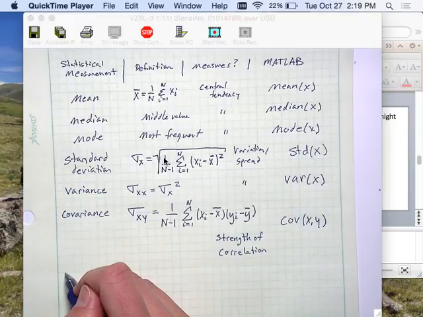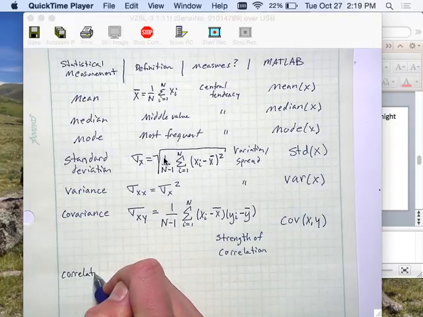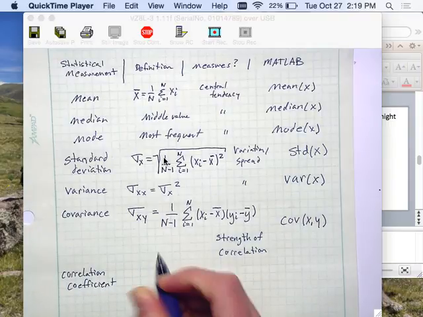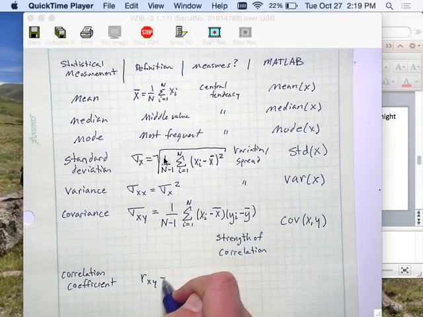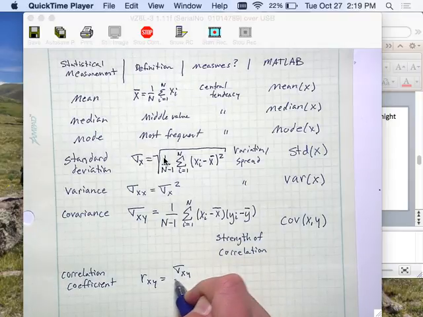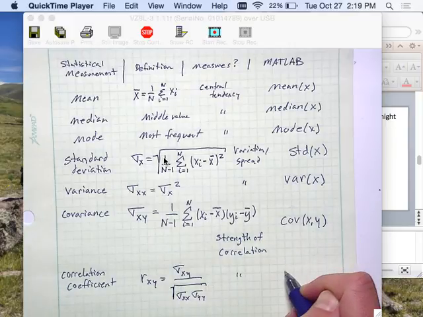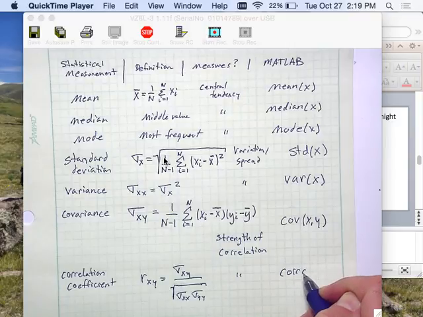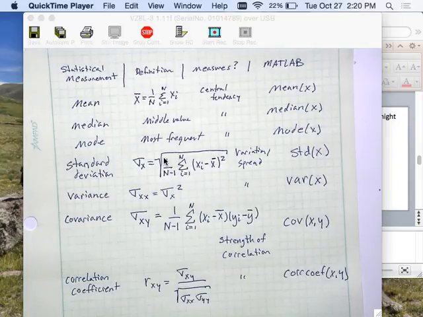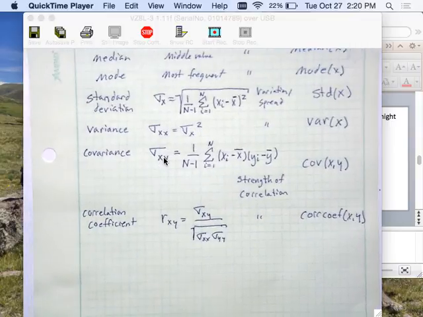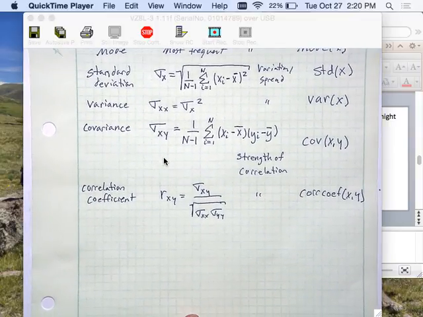And then one last thing, the correlation coefficient. Okay, so you've already seen mean, median, and mode pretty well. We're going to focus on these last ones here for now.